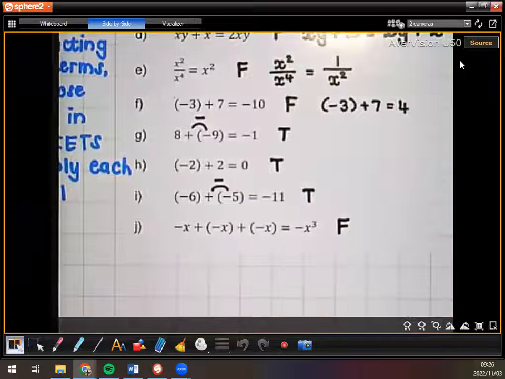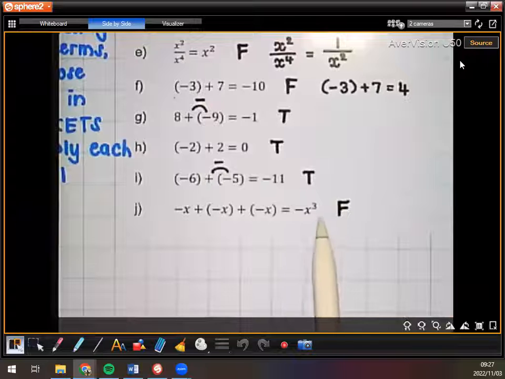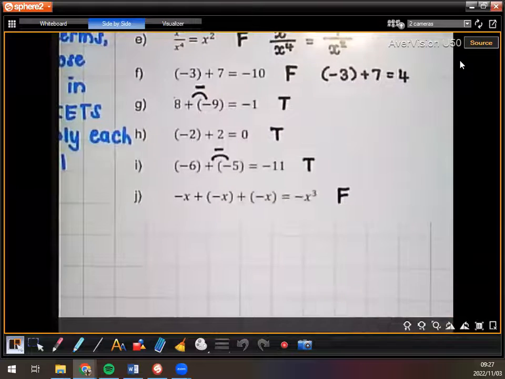And now what's happening here? What did they do to get to negative x cubed? They actually multiplied them, hey? You see that? If you have negative x times negative x times negative x, that's going to give you negative x cubed. We are meant to be adding them, guys. So I'm actually going to write it here underneath.